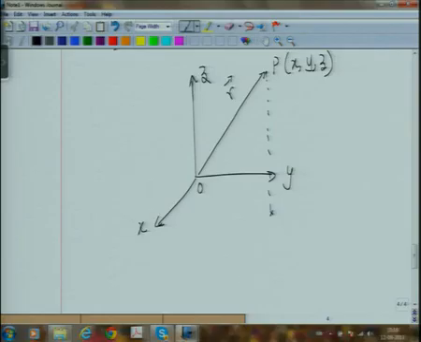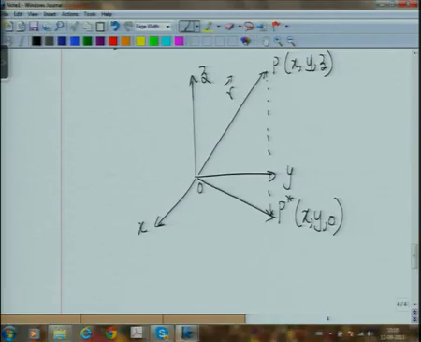When I do this, let me call this point P star. I am not calling it P prime because we have called P prime something else. Now, what are the coordinates of the point P star? x, y, 0.